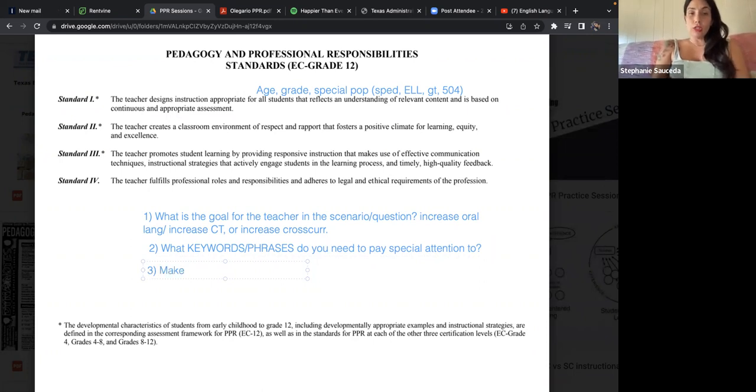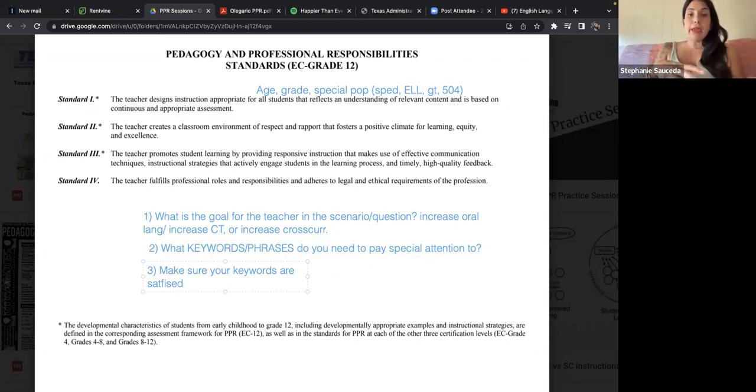Make sure your keywords are satisfied. What I mean by satisfied, it means addressed.